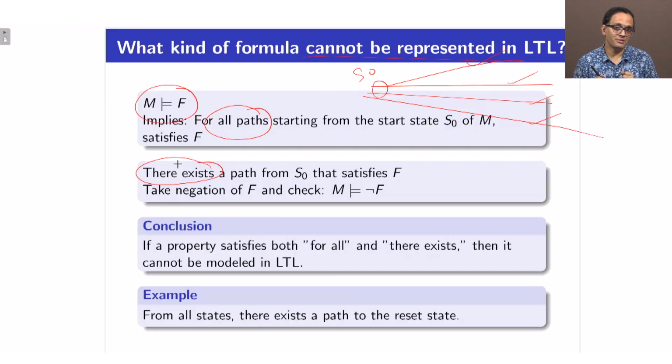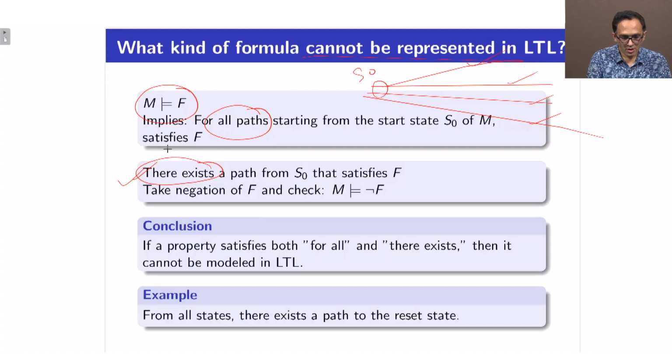Ideally not, because the LTL algorithm will check all paths, but I want to check whether there exists at least one path. But think about taking the negation. If I am saying the formula holds in some path, it means the negation of the formula should not hold in all paths. So I take the negation and check whether the model satisfies the negation of the formula on all paths. If it does not, then I say the original formula is satisfied, because the complement of there exists is for all.